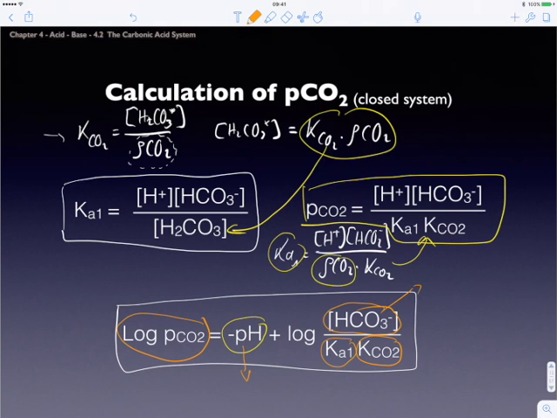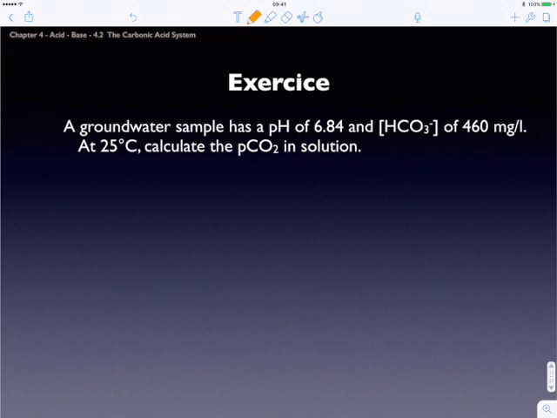Let's take an example of calculation. An exercise with a groundwater sample has a pH of 6.84 and a concentration of bicarbonate of 460 milligram per liter.